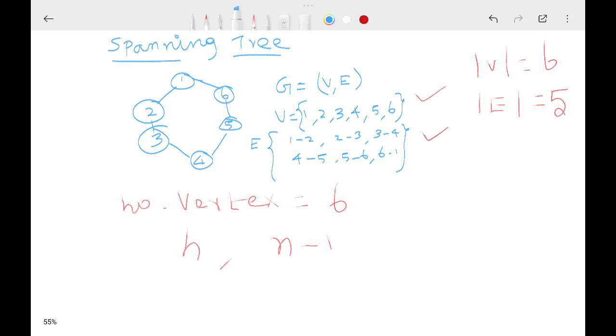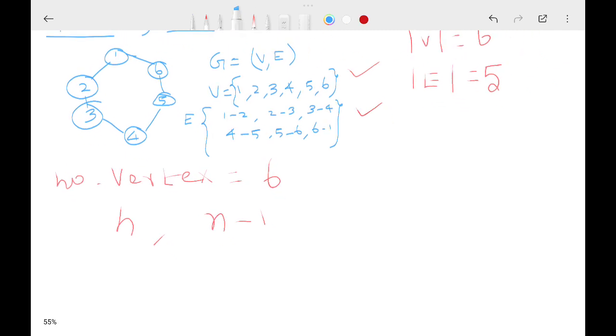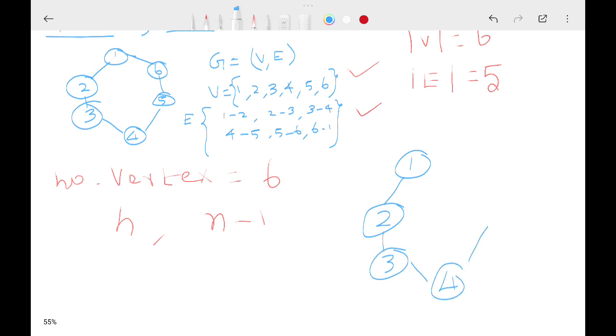One possible spanning tree is, I include all the edges from 1 to 6 and just discard this edge. So this is one possible spanning tree. This is a tree: there is no cycle, and there are 6 vertices and only 5 edges.